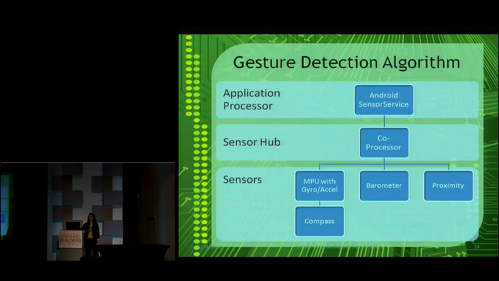So this is just reiterating what I just put in the last slide. You can do it at that sensor service level, which most reference designs support. But you can put it down in the sensor hub. Some reference designs support that. You'll have to work with your different sensor vendors to basically pull in the algorithms to work with your reference design.